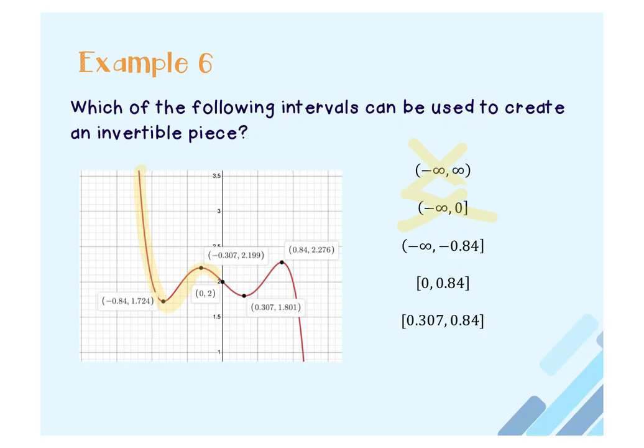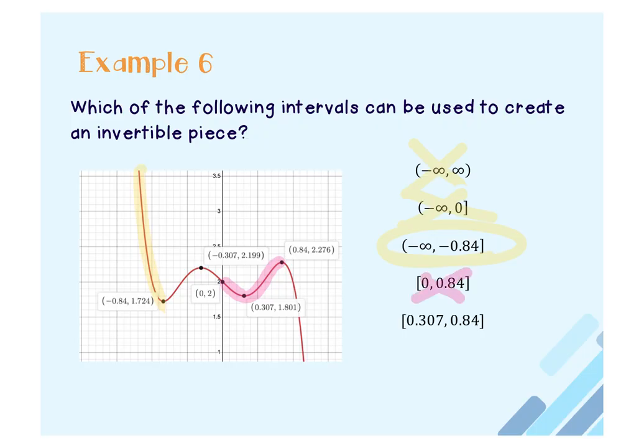Then it says from negative infinity to negative 0.84. So I'm all the way to here, okay? Just that first curve. Would that pass a horizontal line test? Yes. So this one is good. From 0 to 0.84, so that whole section, would that pass?